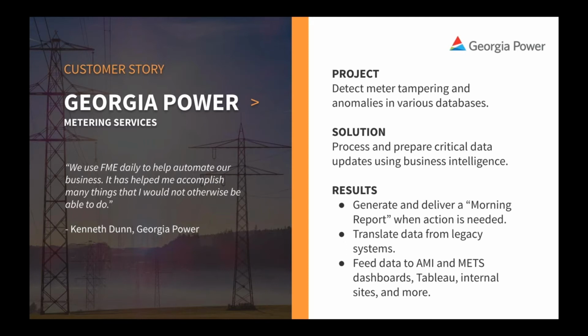It also models databases from many sources to detect meter tampering, looks for anomalies in databases that applications can't see, translates data from legacy systems, feeds data to dashboards such as the automated metering infrastructure and meter equipment tracking system, various databases, and other systems including Microsoft BI, Tableau, and GIS server and portal.